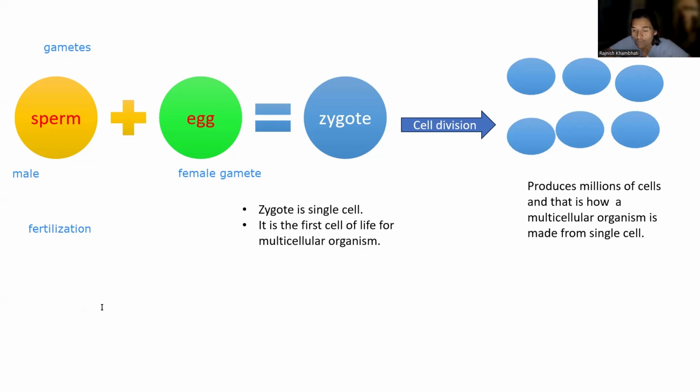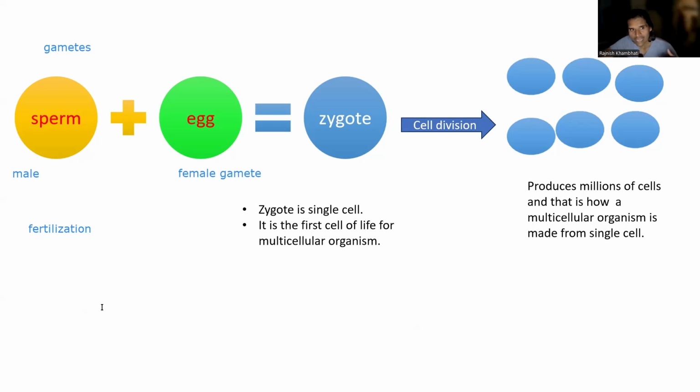If you are confused about what is happening, I will give you the story. We are talking about sexual reproduction. In sexual reproduction, sexual means there are two partners present. There will be one male and one female.